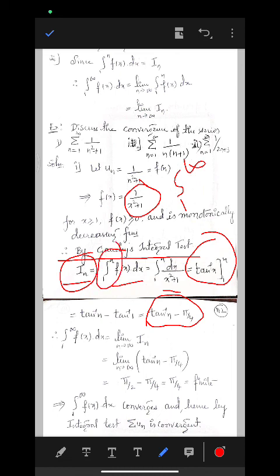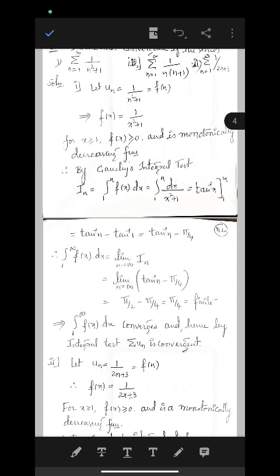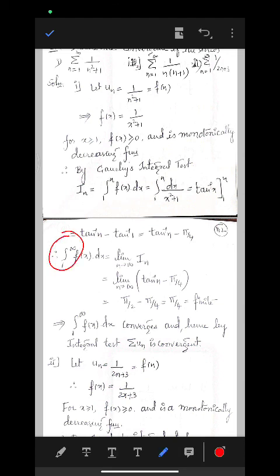As the first step we find the integration over 1 to n, after that we apply the limit. So according to Cauchy's integral test, integration over 1 to infinity of f of x dx is the limit as n tends to infinity of I_n. This is the second note.